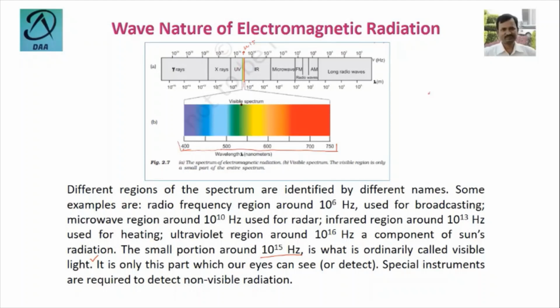After that the UV region is 10 to the power 16 hertz. Special instruments are required to detect the non-visible radiation, that means whatever radiation is on the left side, we have to check it with special instruments.